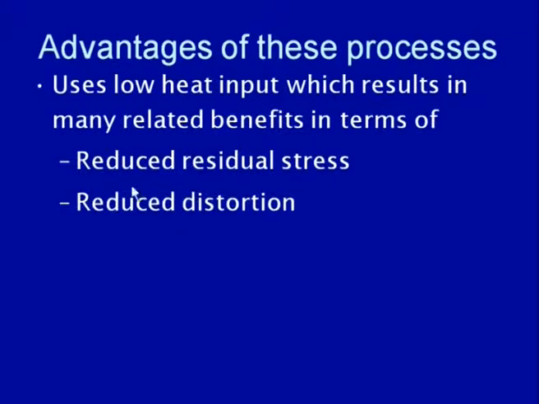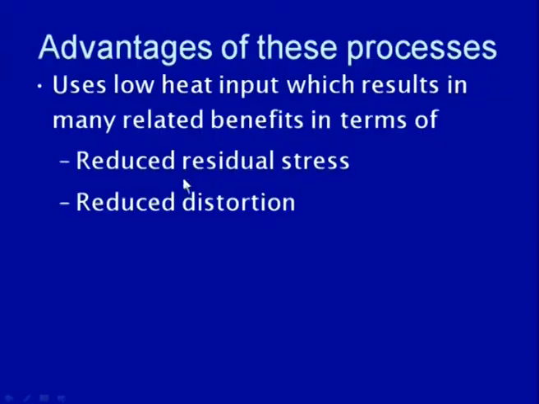Another benefit is reduced distortion. We know that no residual stresses means no distortion, but once residual stresses are developed, metal systems of poor rigidity or held loosely on the fixtures will tend to go out of shape during welding.